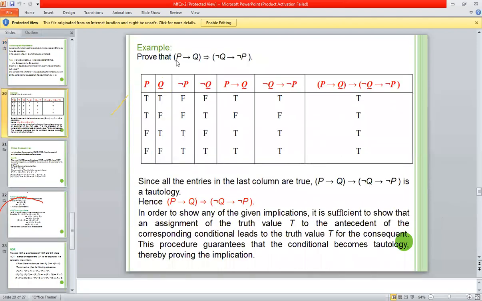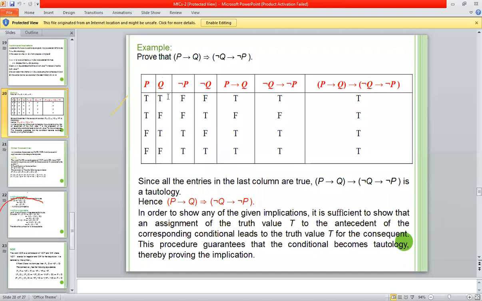Prove that P implication Q implies negation Q implication negation P. So P implication Q implies means we have to show P implication Q implication negation Q implication negation P is a tautology.